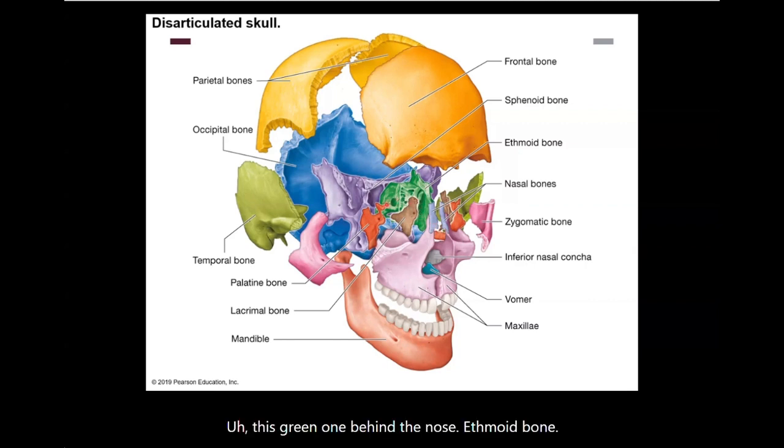This green one behind the nose, ethmoid bone. Ethmoid bone has what? Crista galli and cribriform plate.